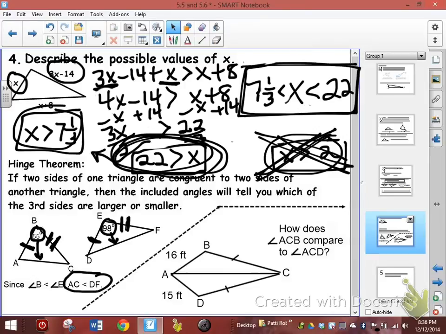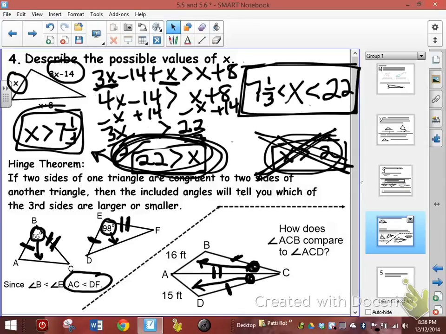If you look at the last example here on the right, again we have 2 triangles, and see how they share that middle side. So in the top triangle, between the 2 sides that are marked, we've got to look at this angle right here, at angle C. And in the bottom triangle, again, the 2 sides that are marked, you've got to use the angle that's between them. And then you look at the sides opposite.